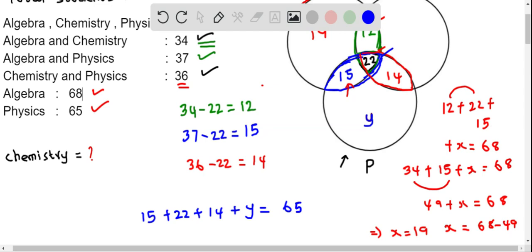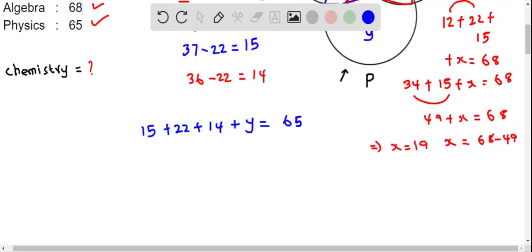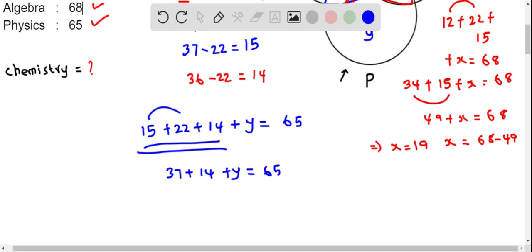So we can solve for y from this equation. Let me add up these three numbers. 15 plus 22 is 37, plus 14, plus y, and this equals 65. So that's 51 plus y equals 65.